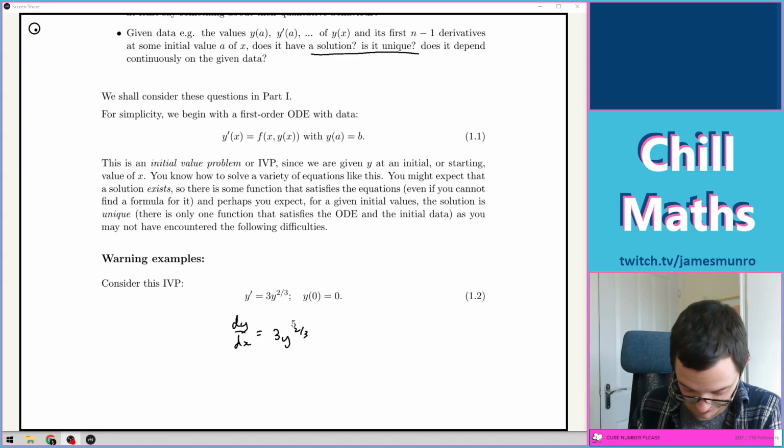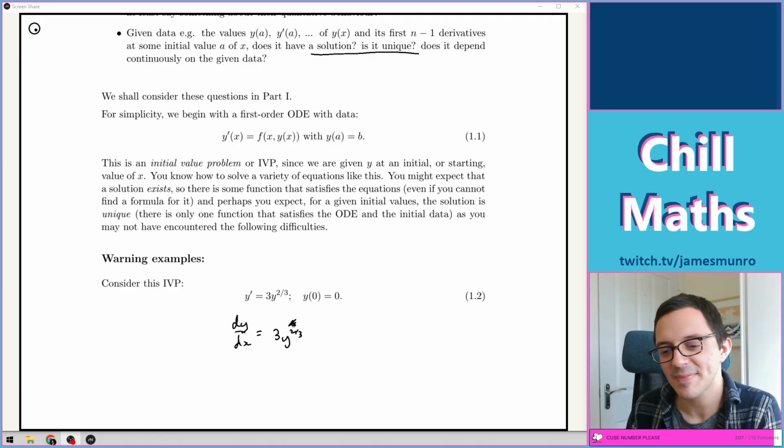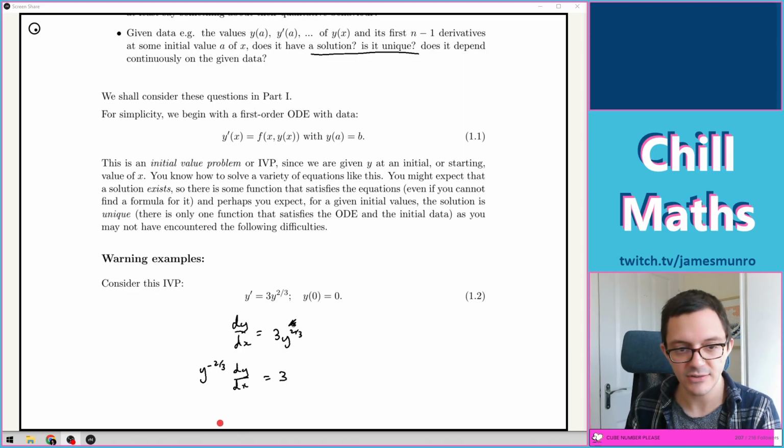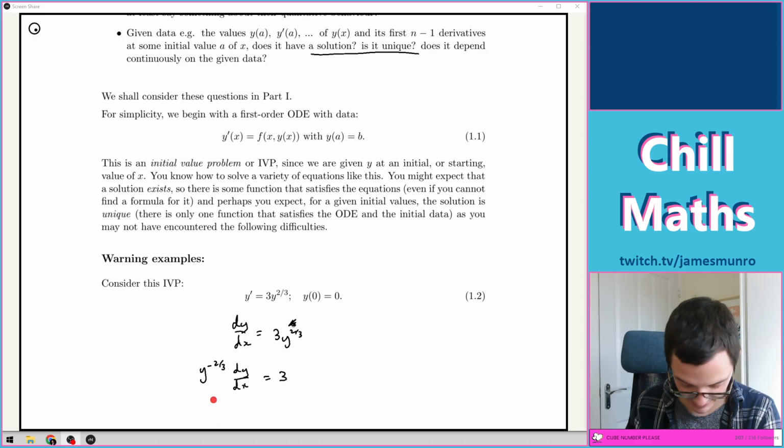I think you know what to do. Oh, now there's a 3 in the way, isn't there? To the power of 2/3. I think you know what to do. This is separable, so you might go and separate it. You might go and divide by y to the 2/3 on both sides. You might integrate with respect to x, which becomes with respect to y on the left-hand side.